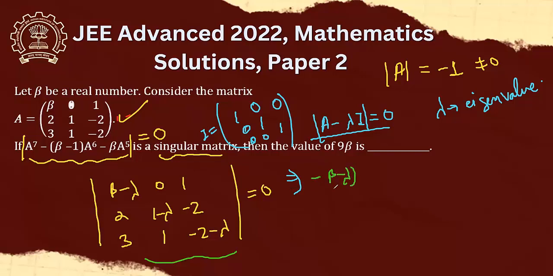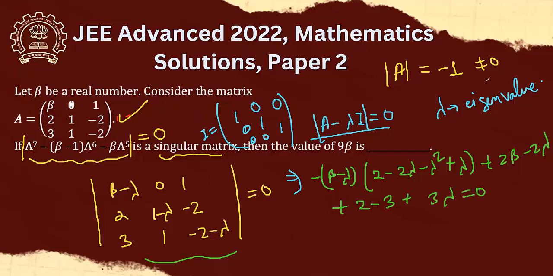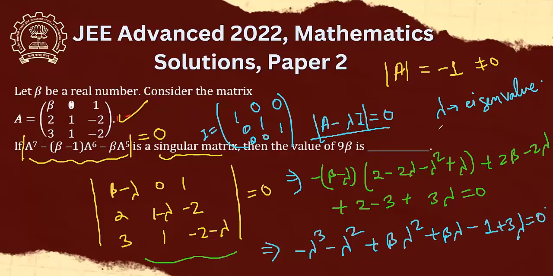Minus beta minus lambda, 2 minus 2 lambda minus lambda square plus lambda, plus 2 beta minus 2 lambda plus 2 minus 3 plus 3 lambda is equal to 0. This will further simplify to minus lambda cube plus beta lambda square plus beta lambda minus 1 plus 3 lambda is equal to 0, right?